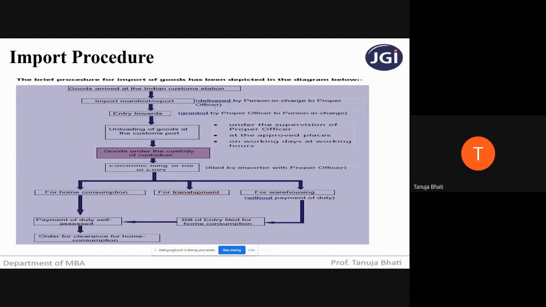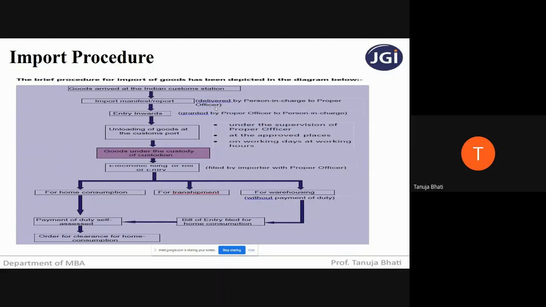Entry inwards means a green signal given by the proper officer to the person in charge after going through the import manifest report, which consists of detailed information about the goods. If he finds everything okay, he will give a green signal that yes, you can unload the goods in the custom port. Till then the goods are not to be unloaded from that particular vessel, aircraft, or vehicle.